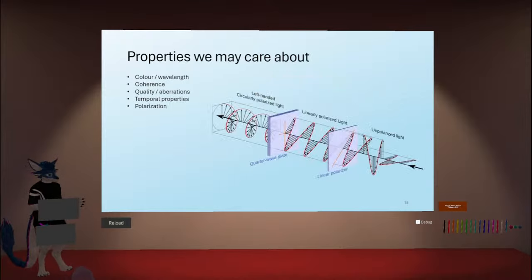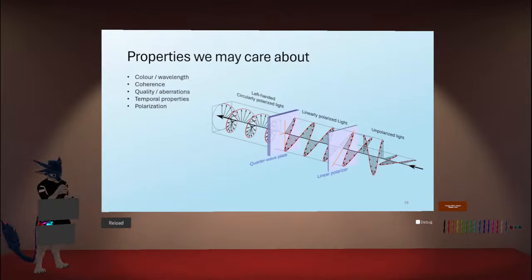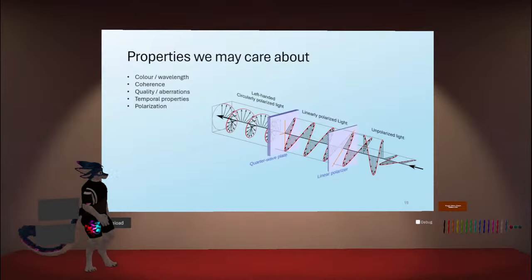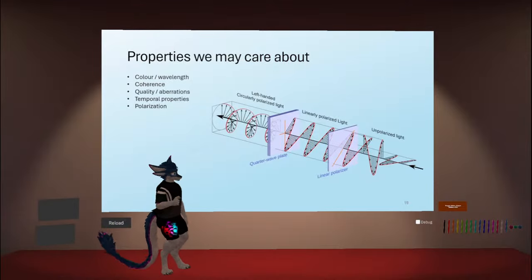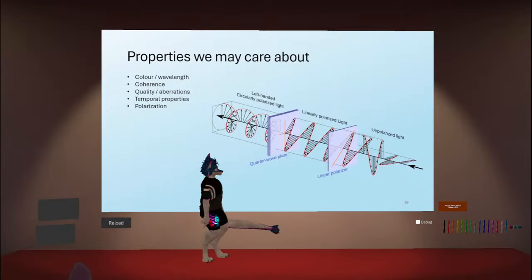We care about polarization. Polarization is just the actual direction that the electric field is... I'm spacing on this term. I'm going to say traveling. It's not traveling, it's oriented. There, we'll say oriented. The direction of the electric field is oriented.